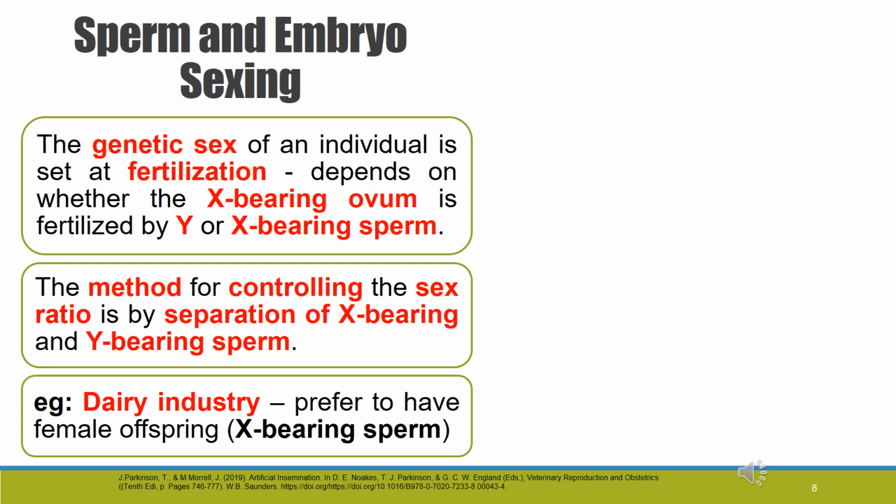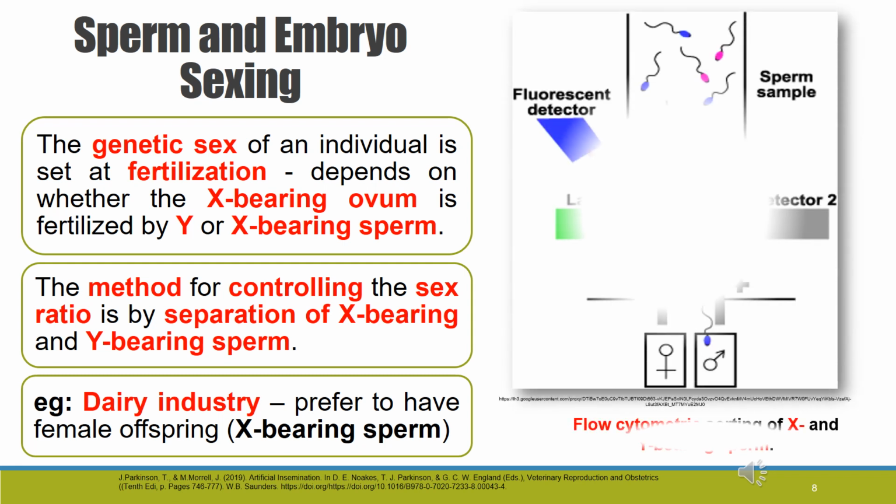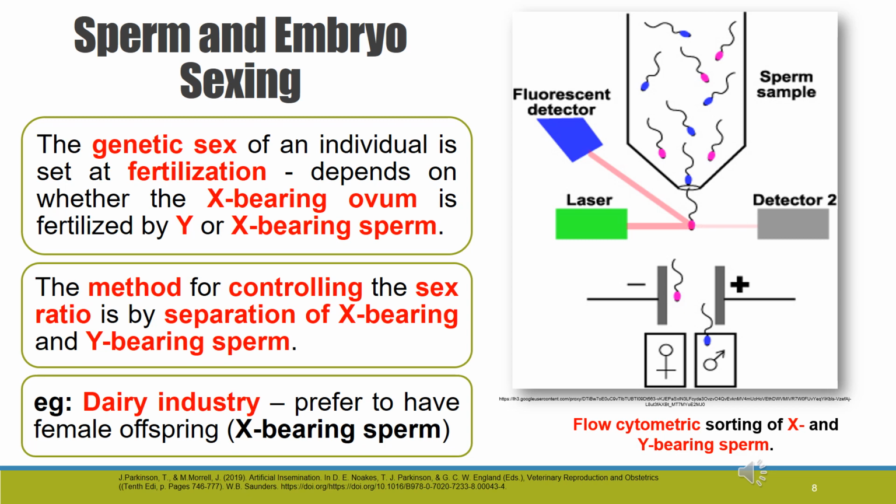Many methods have been developed in attempts to achieve this goal, but in recent years, flow cytometry, as you can see here, has been developed to a point at which sperm sexing is available as commercial service. For example, in dairy industry, they prefer to have female offspring, so they will buy or use X-bearing sperm for their AI program.